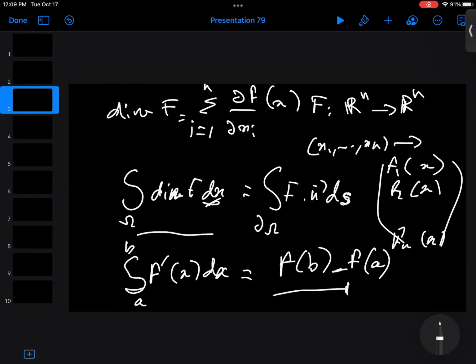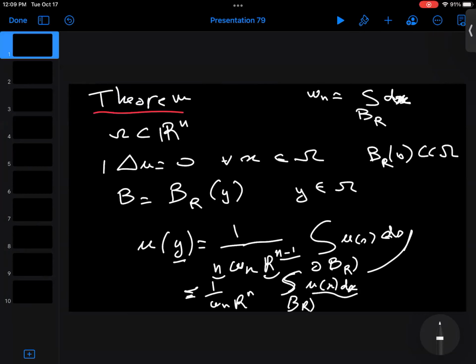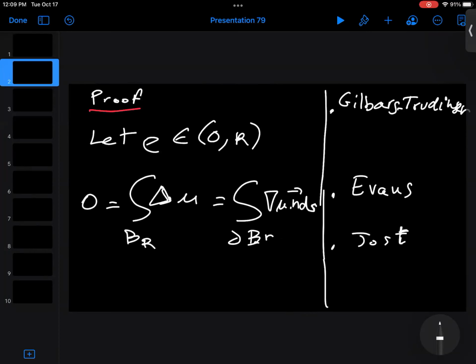So you can consider that here f of b times 1 is exactly this at b, and f of a times 1 is this at a. And so you can prove that this formula holds. Okay, so let's get back to our proof. So I applied here the divergence theorem.